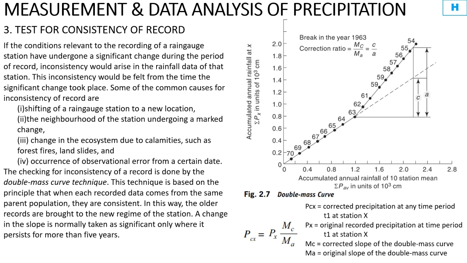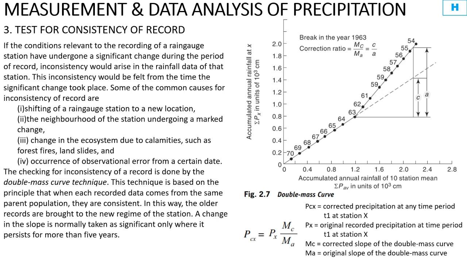Kasi nga, pwedeng may mangyaring changes sa isang area, and those changes can affect yung precipitation sa place. Ibig sabihin nun, mag-iiba yung mare-record na data ng rain gauge mo. So what are these changes?